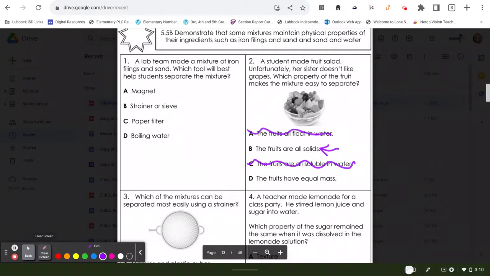No. Okay. All the fruit have equal mass. All the fruit take up the same amount of space. Maybe if you've specifically cut them into certain sizes, but that would again be assuming that we know what their mass is, and we don't. But we do know that they are all solids, which does make this mixture easy to separate because she could easily pick out the grapes.